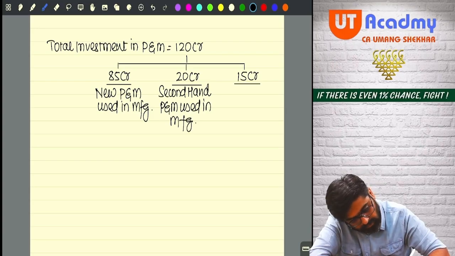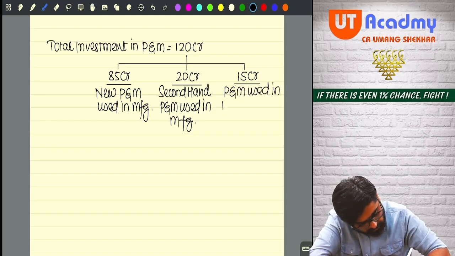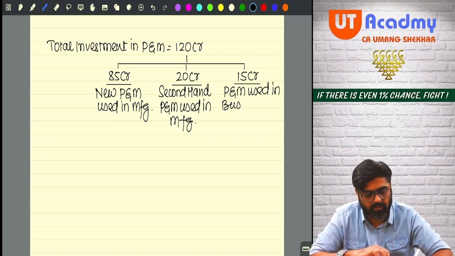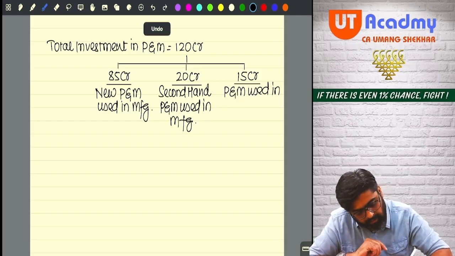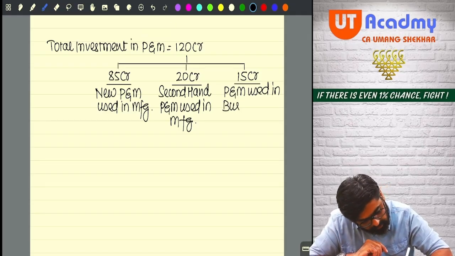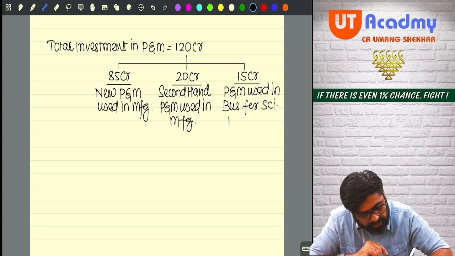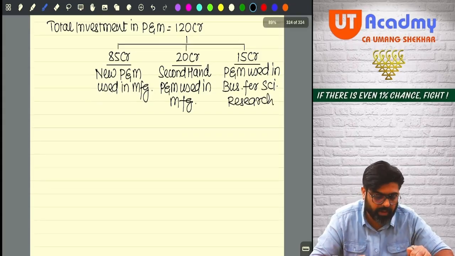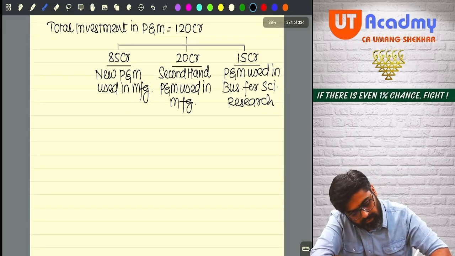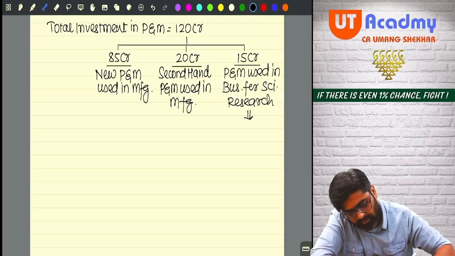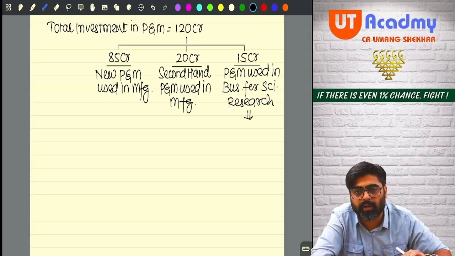This is plant and machinery used in business for scientific research. This cost will be fully allowed under section 35.